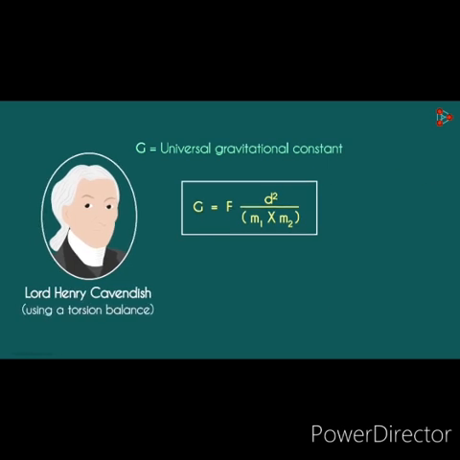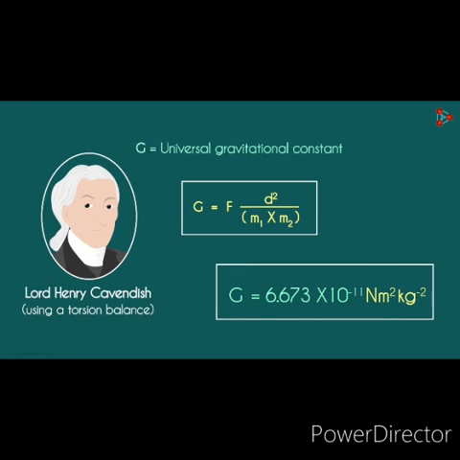The universally accepted value of G is 6.673 × 10^-11. What will be the units of G? Force is in newtons. As the distance is in meters, we have meters squared. And as the mass is measured in kilograms, we multiply this with kilograms raised to negative 2. This is the value of the universal gravitational constant.